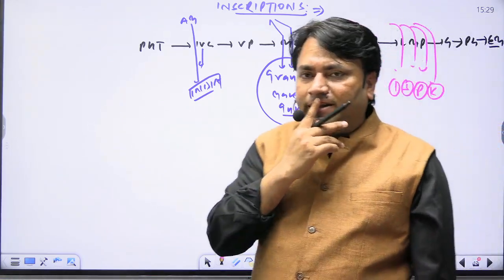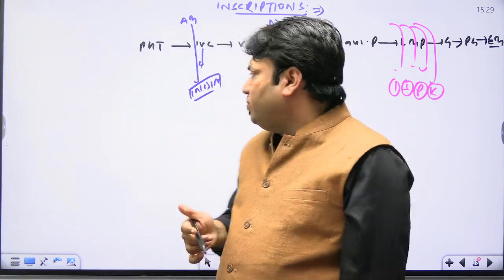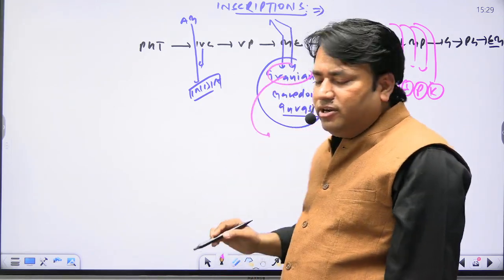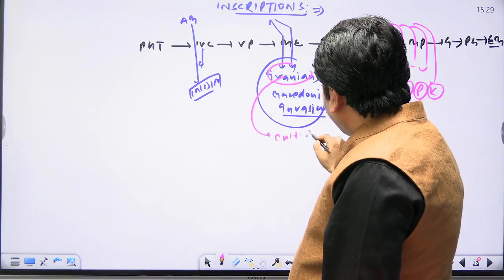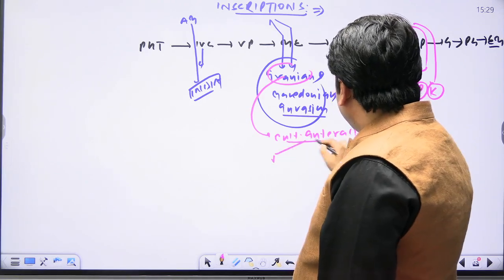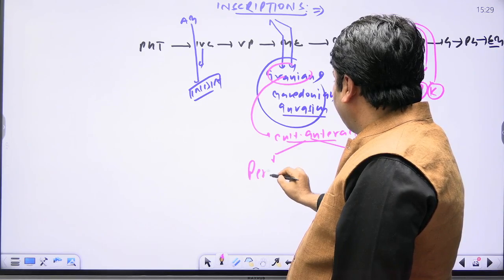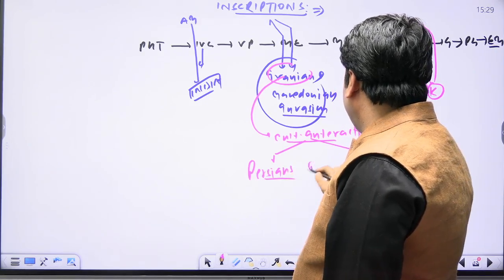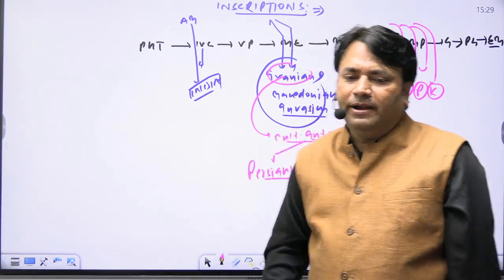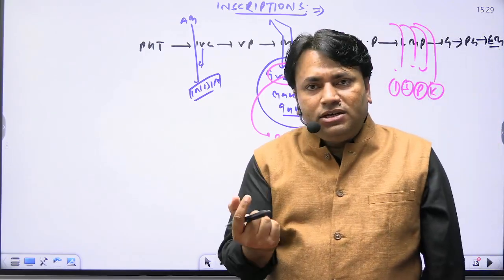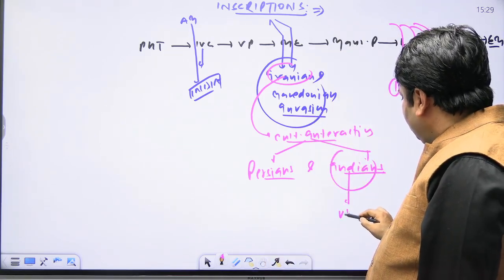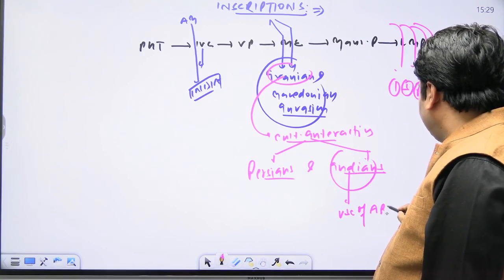History says that cultural interactions took place between Persians and Indians. As a result of this, Indians came to know about the use of art stone.